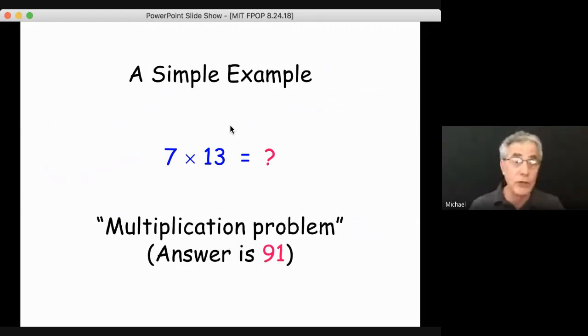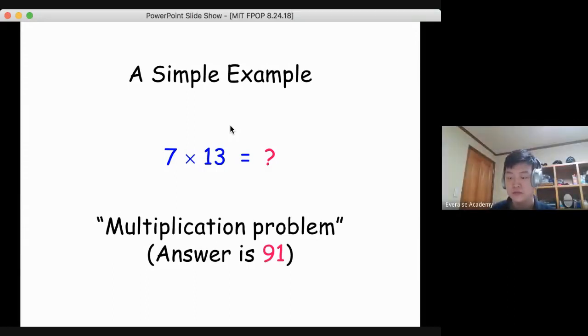I give you 2 numbers. I want you to multiply them together and give the answer, which in this case is 91. So that's a pretty easy problem. Let me give you one that's just a tiny, tiny bit harder, which is going to be the reverse of the multiplication problem.